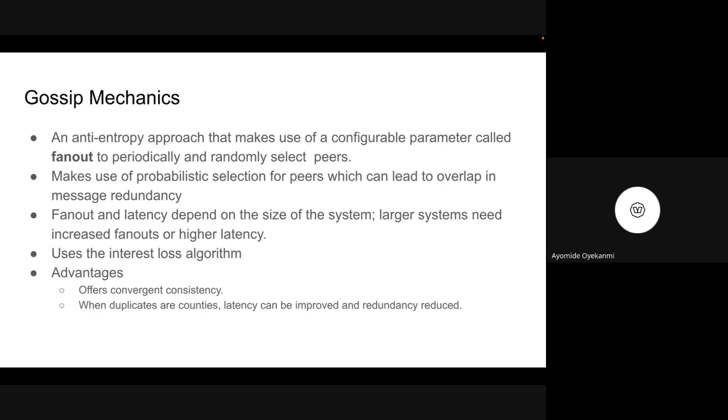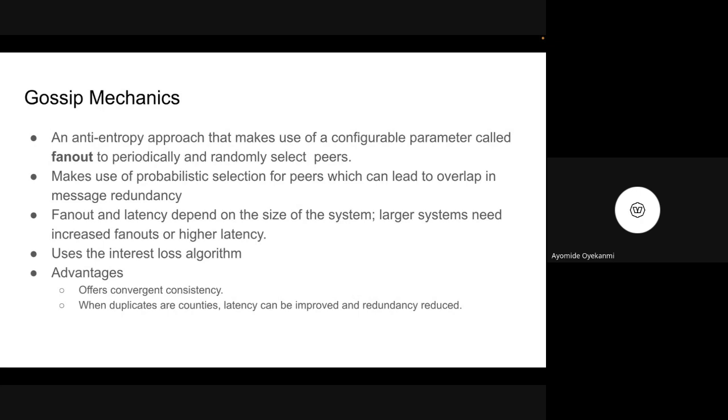So if a group of nodes send messages to another group of nodes, there is a potential that multiple nodes are sending to some of the same nodes, especially because pairs are chosen probabilistically, and we're not the ones deciding. So it's possible that two nodes can have some of the same nodes.